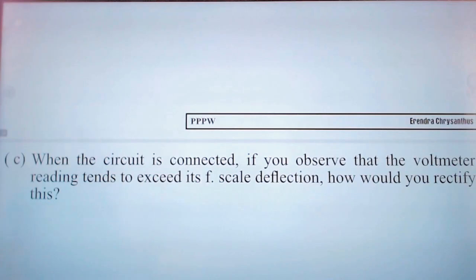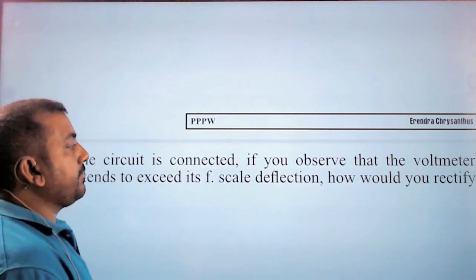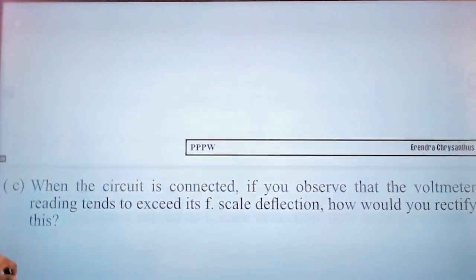When the circuit is connected, if you observe that the voltmeter reading tends to exceed its full scale deflection, how would you rectify this?